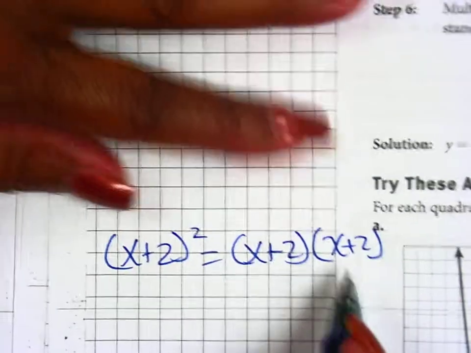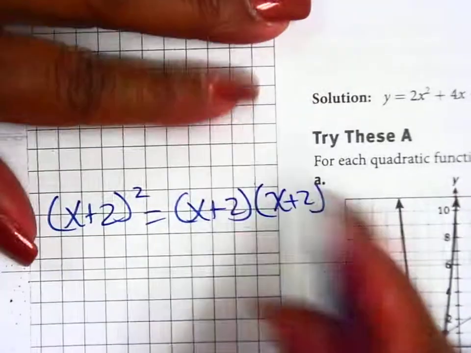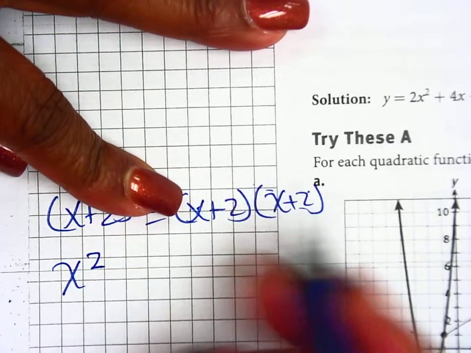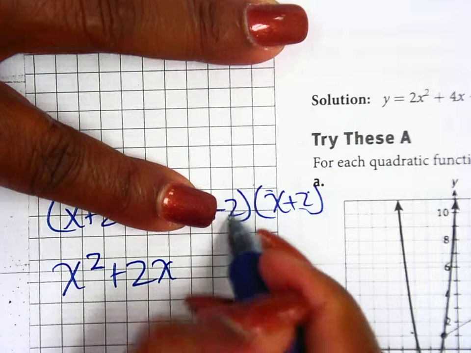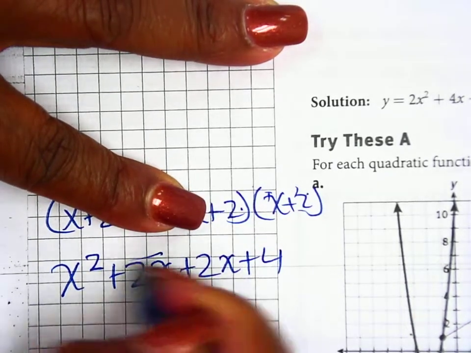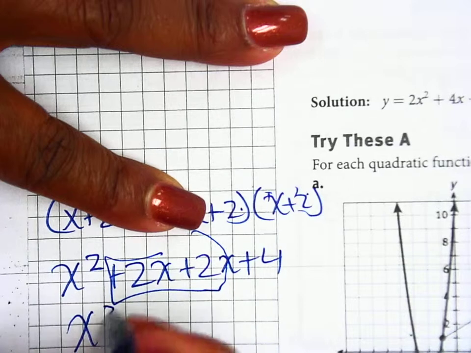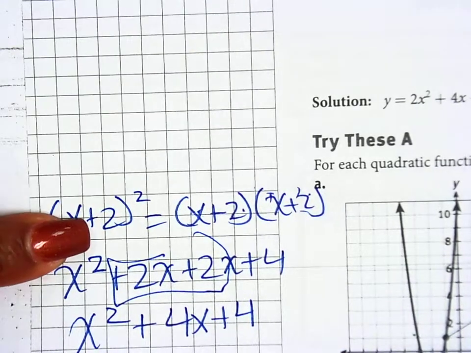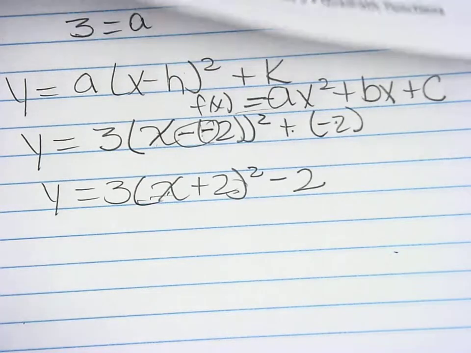When you multiply these binomials, you get x times x is x squared, x times 2 is plus 2x, 2 times x is 2x, 2 times 2 is 4. Combine your like terms, you get x squared plus 4x plus 4. That's what x plus 2 squared is.